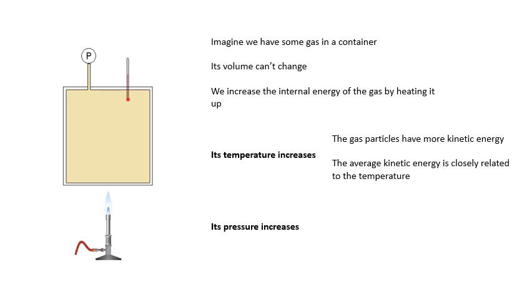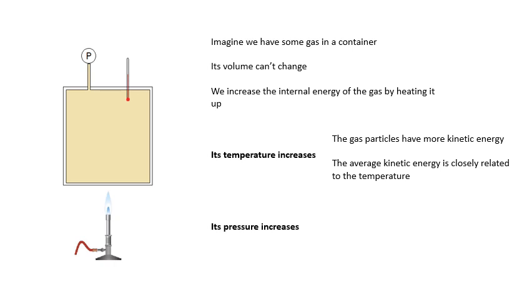Basically, the Kelvin temperature is proportional to the average kinetic energy. If you go on and do A-level physics or A-level chemistry, you'll learn a lot more about this. But there's a strong relationship between the average kinetic energy and the temperature of the gas.